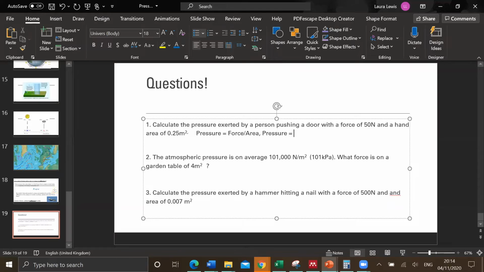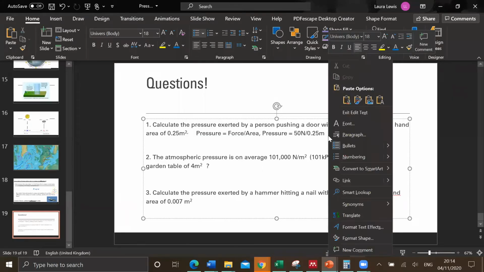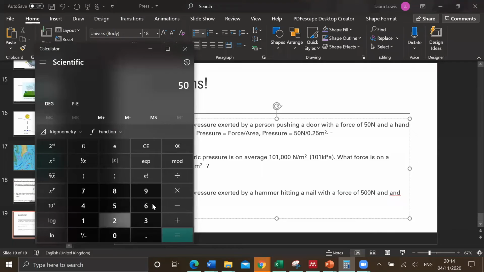So pressure is force, 50 newtons, divided by area, 0.25 meters squared. Okay, so copy that. And that equals, we've got a calculator out, 50 divided by 0.25, 200.